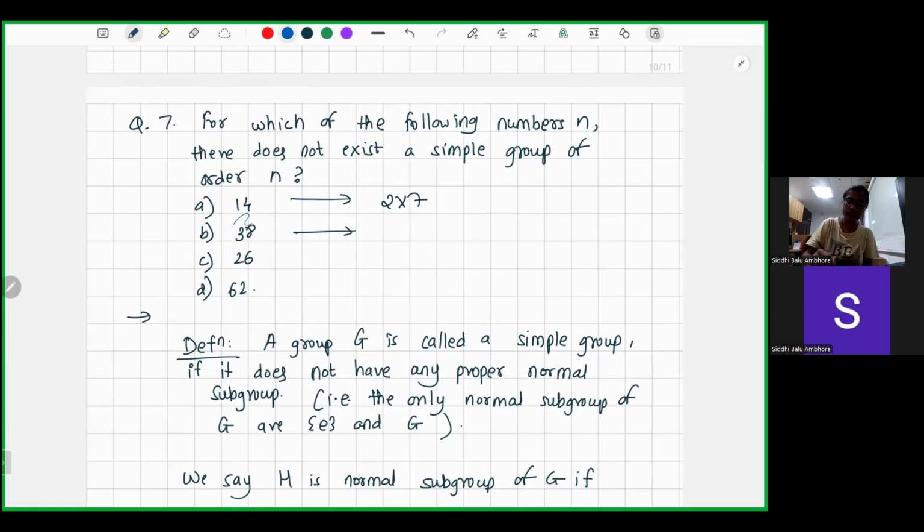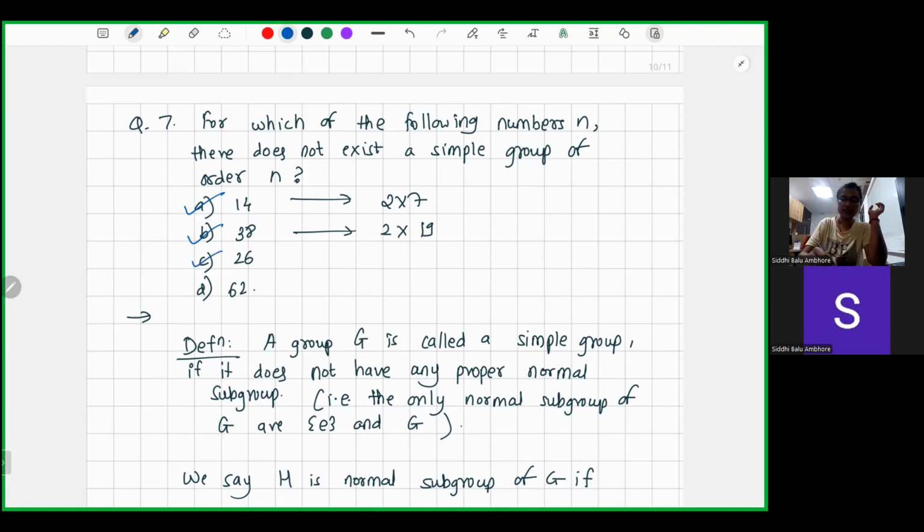Similarly, for the group of order 38, this is not a simple group. 38 is 19 into 2, so it will have some normal subgroup of order 19. So this will not be a simple group because it will have a normal group of order 19.